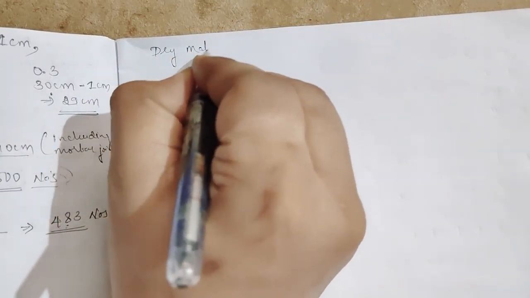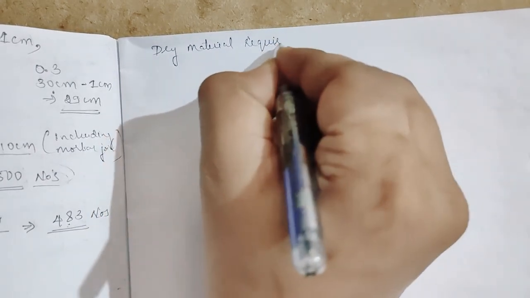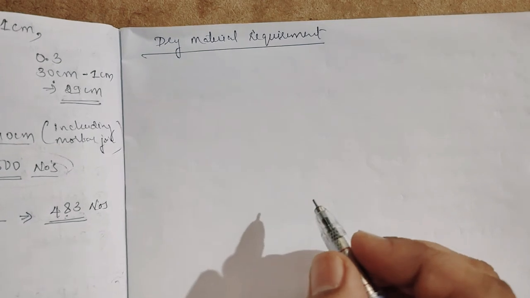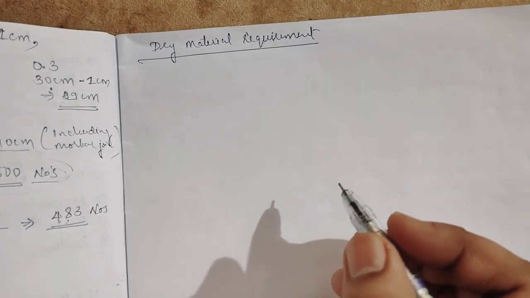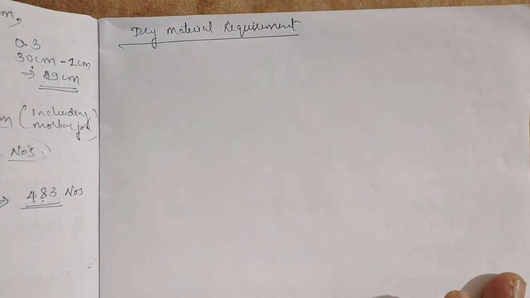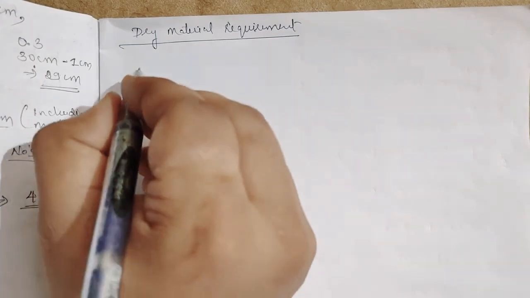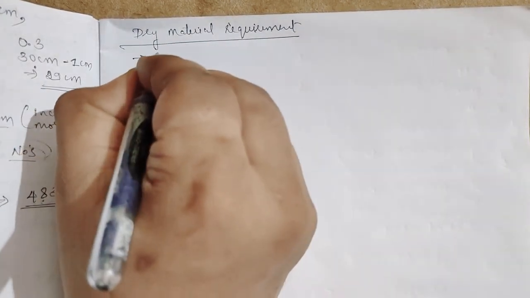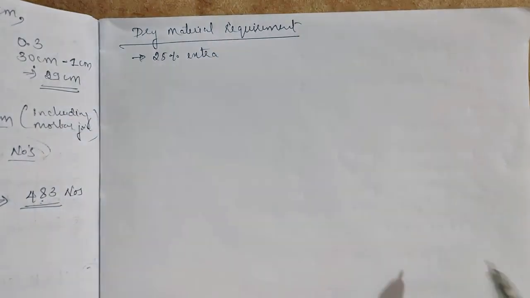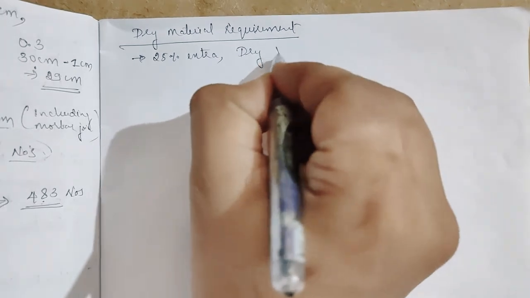So for the dry material requirement, you know the reasons, we would have taken 50%, but here for the bricks I'll take 25% extra. Okay, that is because of dry volume.